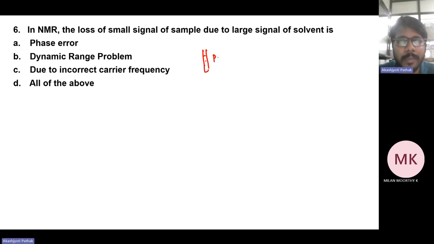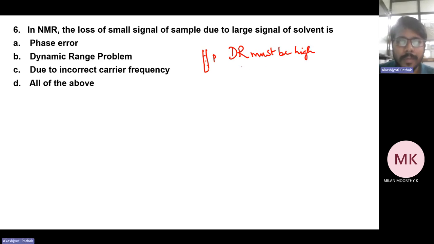Whatever sample we have, it can be a protein sample or any other biomolecule, there will be a solvent. The sample will be present in a solvent, in a buffer. So if the signal that is produced by solvent is very high, then it can cause suppression of the signal of our sample, right? So to avoid that, our dynamic range must be high, right?